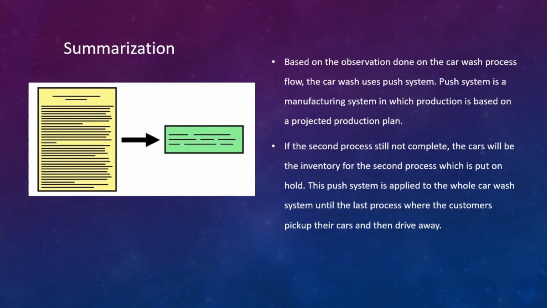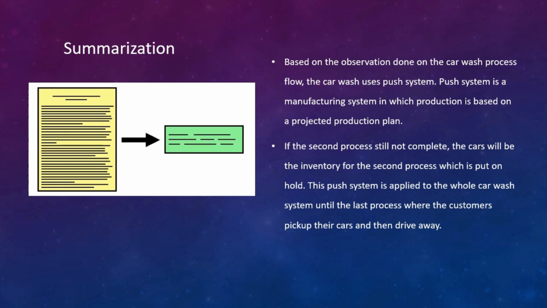Based on the observation done on the car wash process flow, the car wash uses a push system. A push system is a manufacturing system in which production is based on a projected production plan. In this example, when the process of washing and rinsing has completed, it is pushed to the next process, which is drying, interior cleaning and tire waxing.